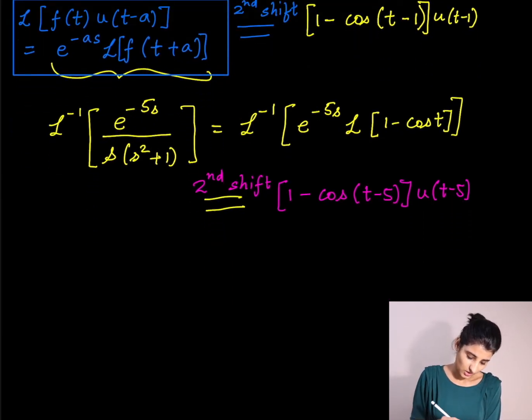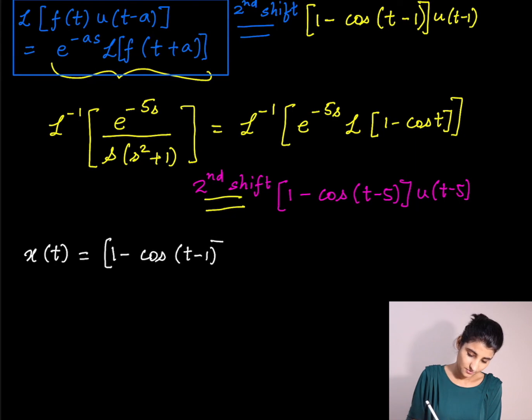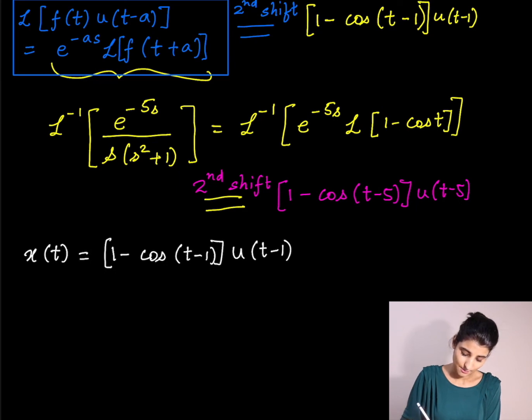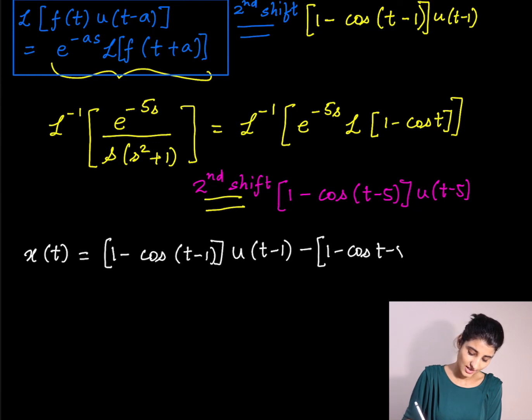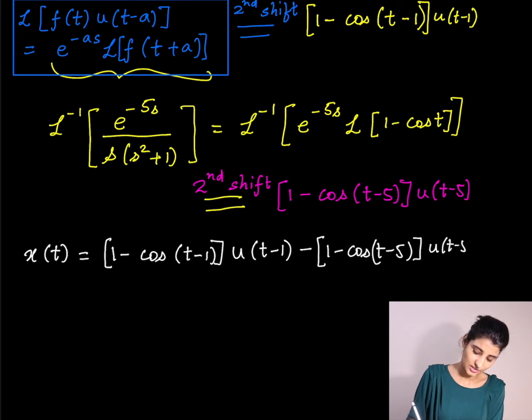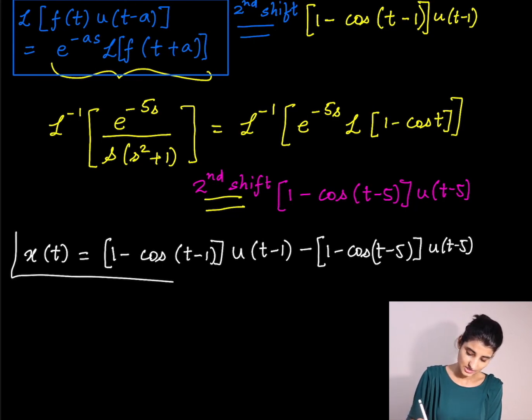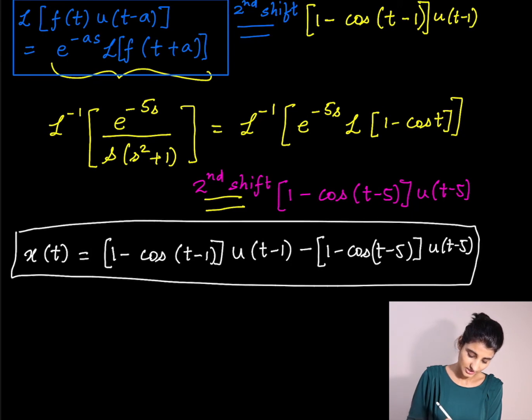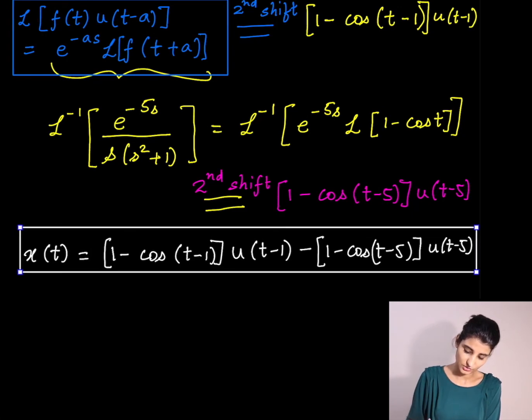So we got x(t) is equal to 1 minus cosine of t minus 1 multiplied by u of t minus 1, minus 1 minus cosine of t minus 5 multiplied by u of t minus 5. And this is our answer. This is our solution for the IVP.